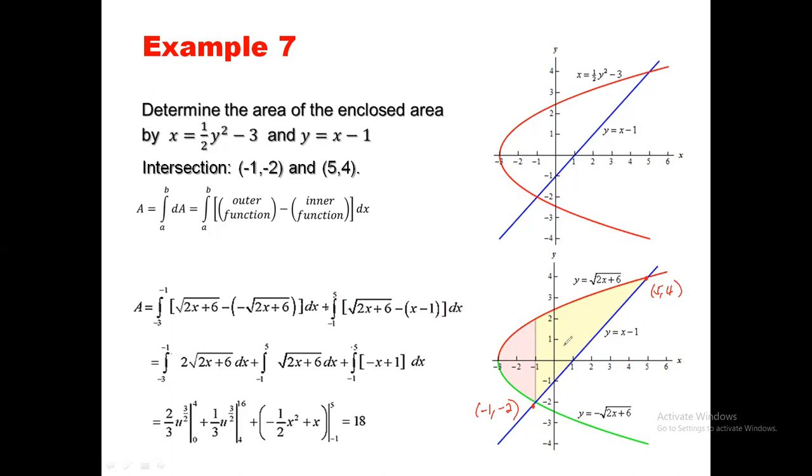So if you find the area of this one, you will have from, let's see, what was determined here. Determine the area of the enclosed area for this particular curve. This is your curve. X equal to 1/2 y squared minus 3. And for the line, this is the line. X minus 1. So this is the intersection.